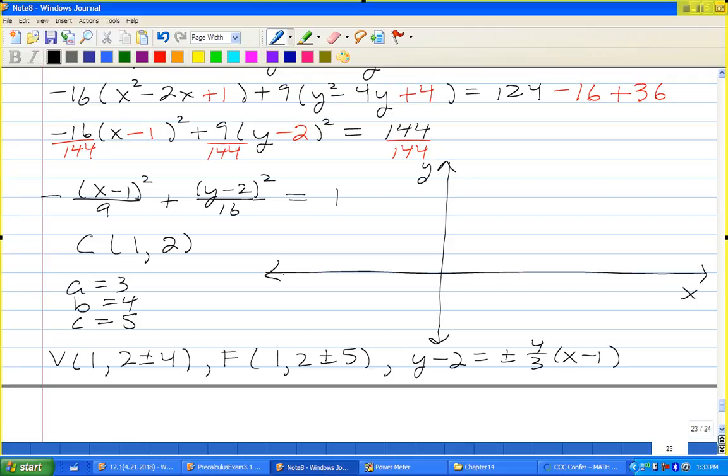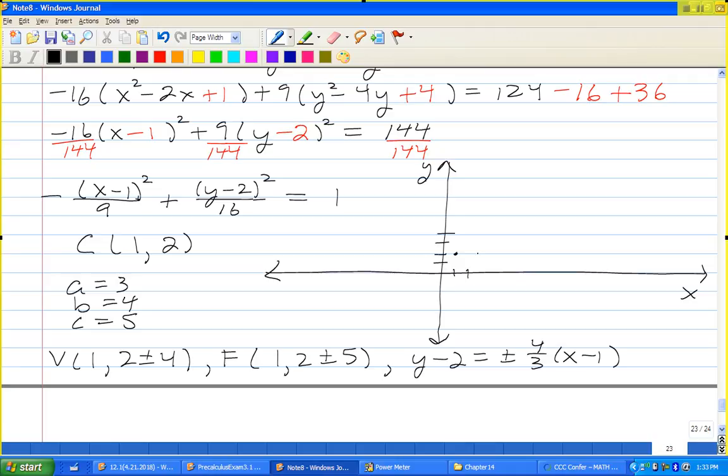Okay, so go 3 and 4. Center is at (1, 2).